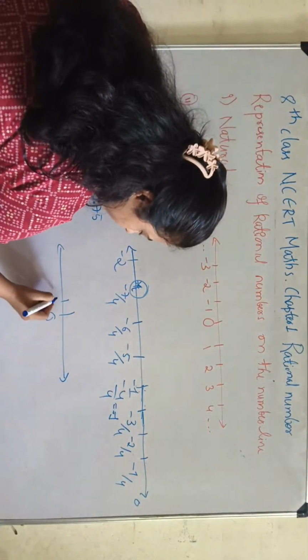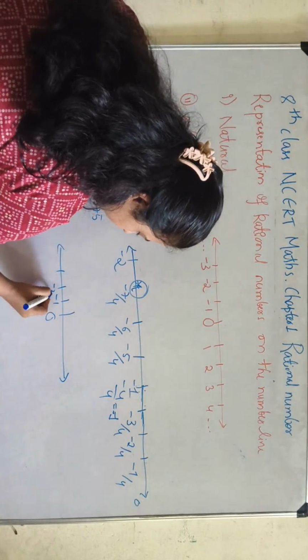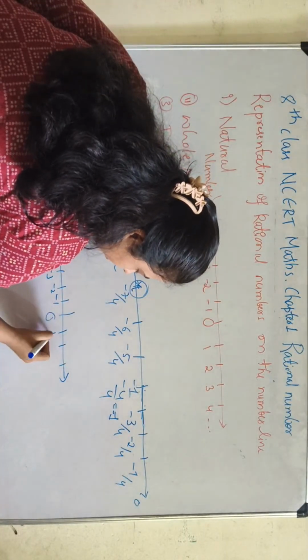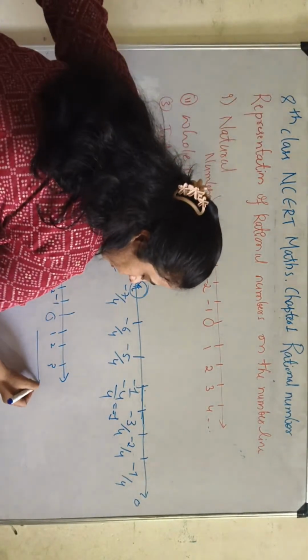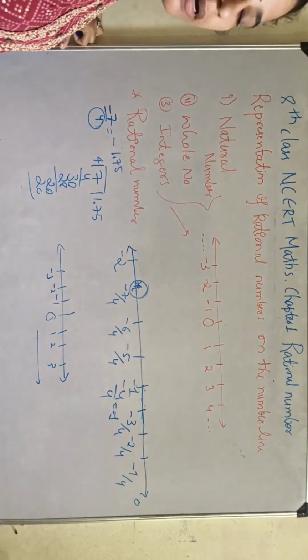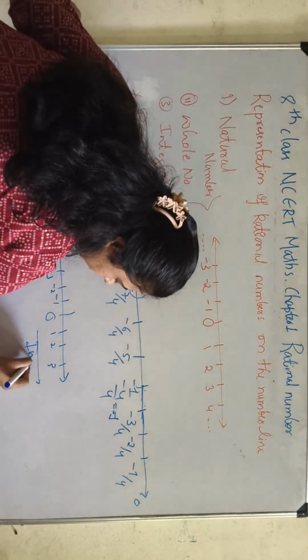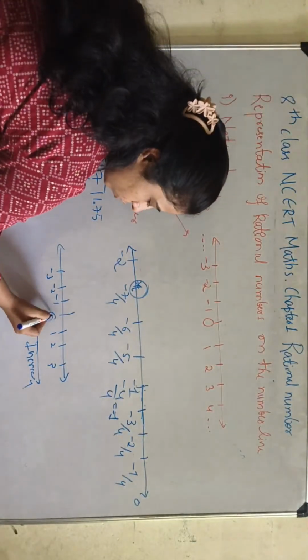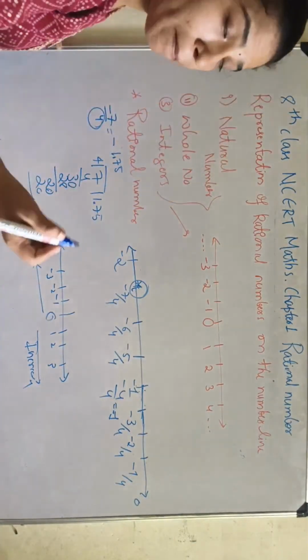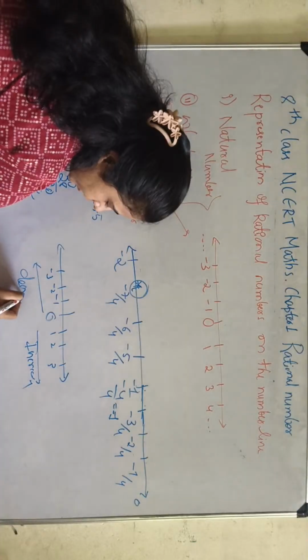Here we have the negative integers, and this side we have the positive integers. From 0 to the right side, the value of the number increases. This is how to remember. And from 0 to the left side, the value of the number decreases.